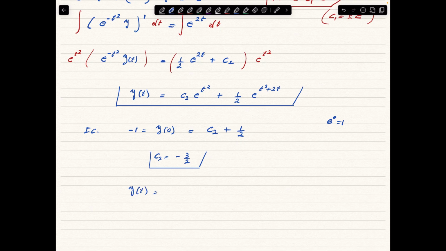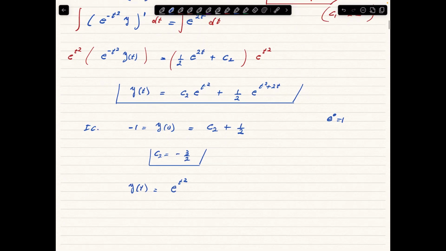y of t is equal, we can pull common factor an exponential of t squared, actually okay, let's do it in two steps. This implies that our function y of t is -3/2 exponential t squared plus 1/2 exponential t squared times exponential 2t.